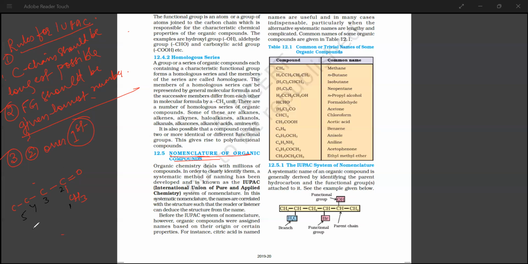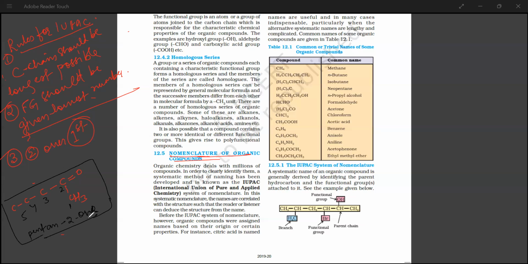Total, how many carbon atoms are there? 5 carbon atoms are there, so pent. And between carbons, single bond is there, so ane. And on second, one is there. Pentan-2-one. So 2-pentanone will be the IUPAC name for this compound.